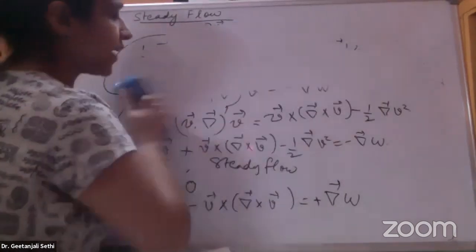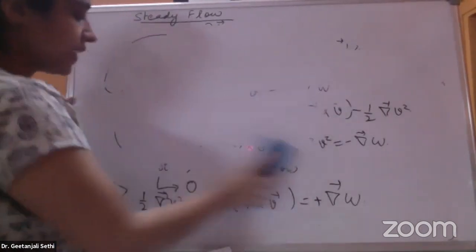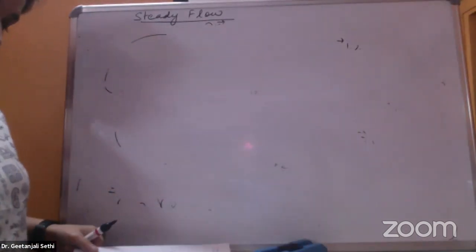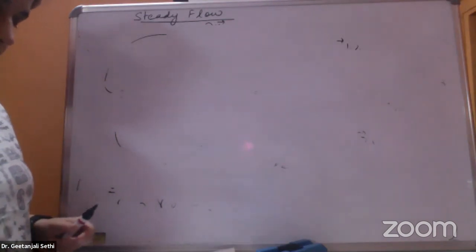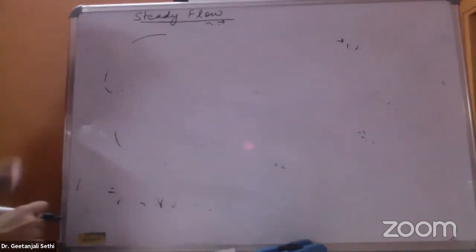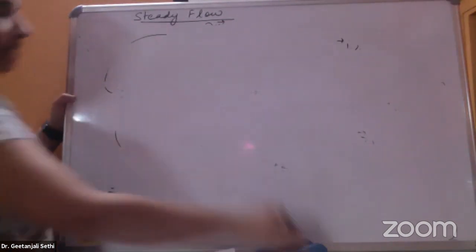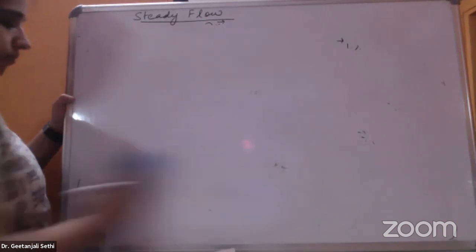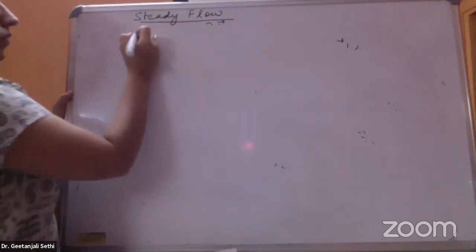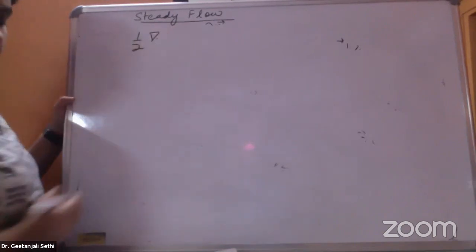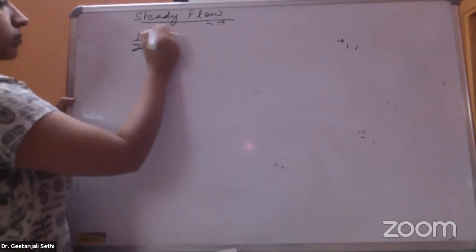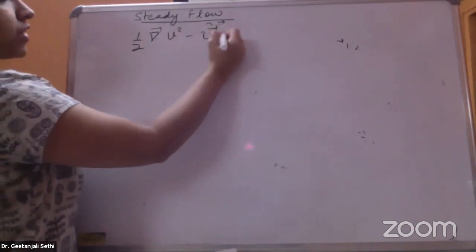I'll just write now the equation that I need, right? And then start from there. Okay, so the equation that I have now is half del B square minus V cross.